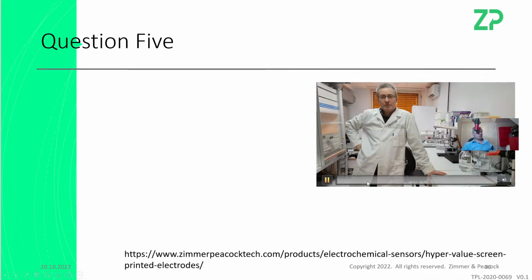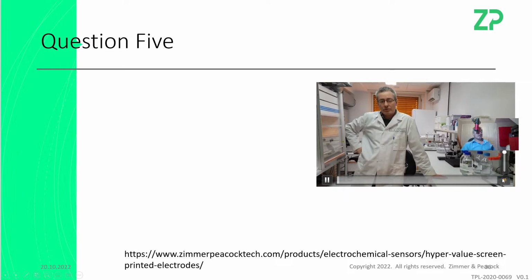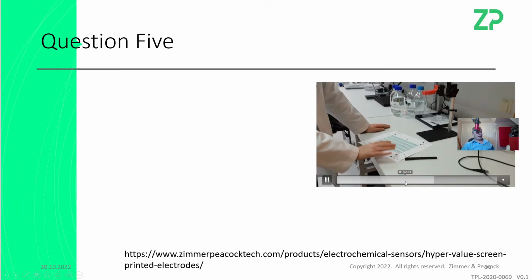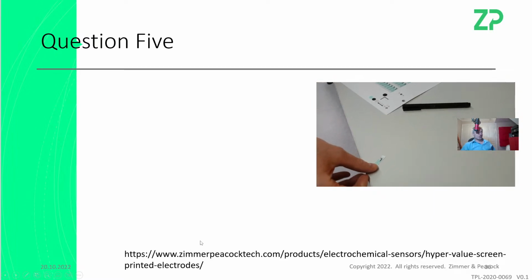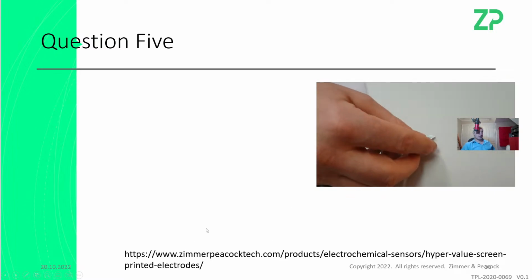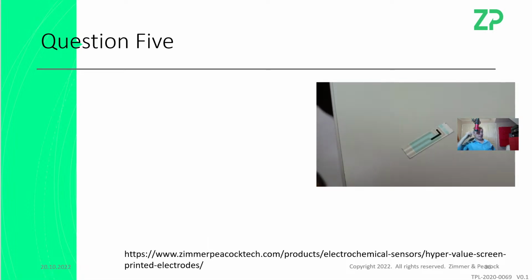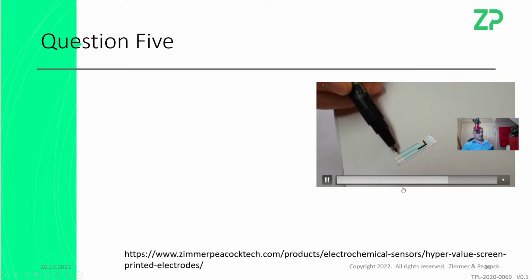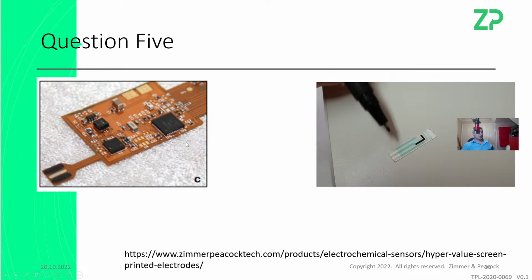Again, if you see a link, then that will also link to a website. The first part of the question was, can we print on flexible materials? This video, there'll be a link to it, shows that we clearly are printing on flexible materials. That particular example does have a carbon ink and silver chloride, so there's no issue in printing on flexible materials, and printing in particular the materials carbon and silver chloride.